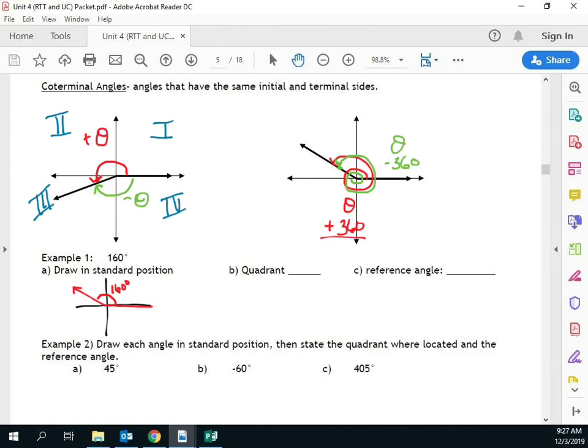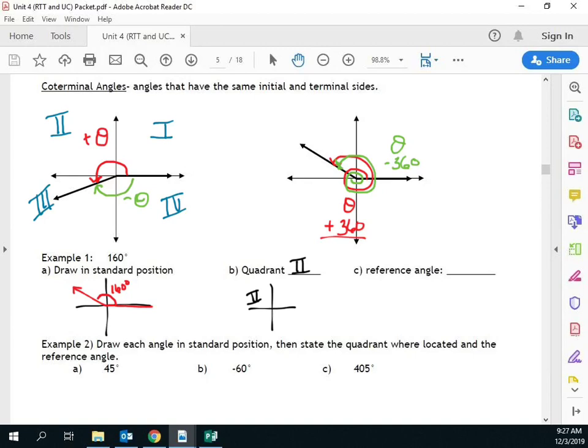It follows the positive angles path. So if we're looking at this 160 degrees, what quadrant is it in, guys? Second. Yes. That's the way you identify quadrants, by using Roman numerals.